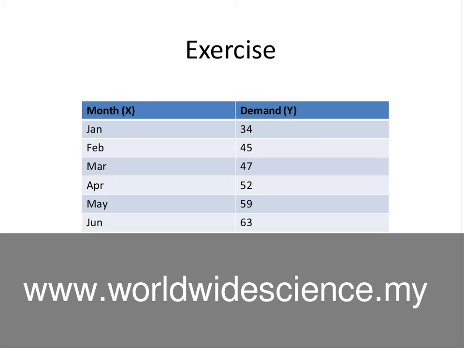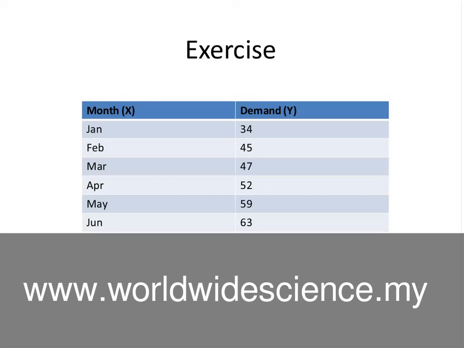We want to forecast the Y or demand after June, because we don't have July, we don't have August. We have January until June. By use of this formula, we can calculate A and B as two constants. Y and X after June should be forecasted.